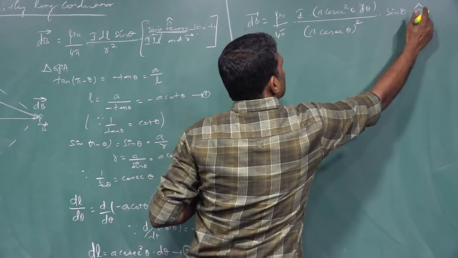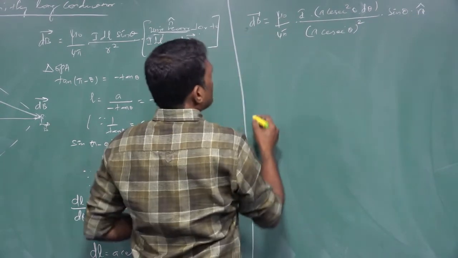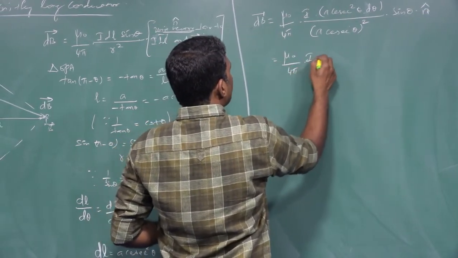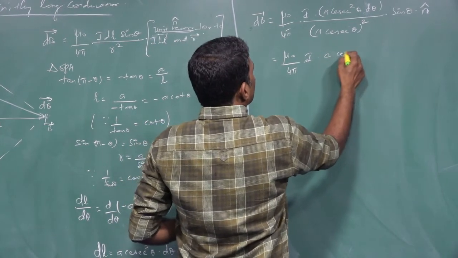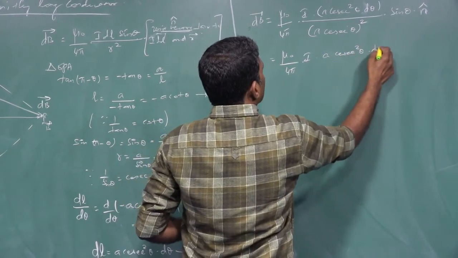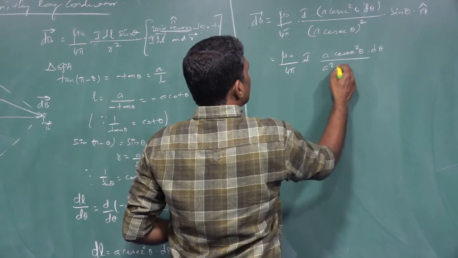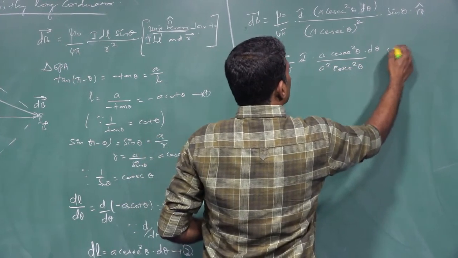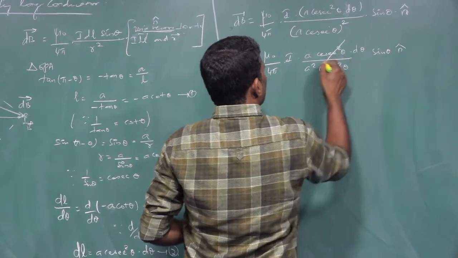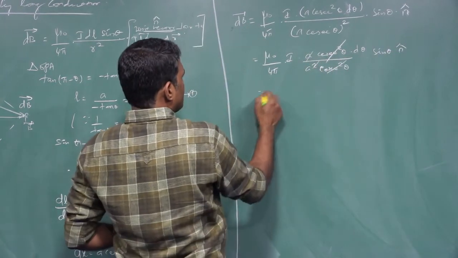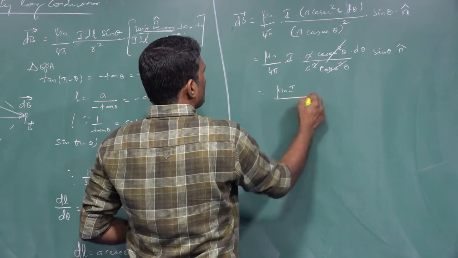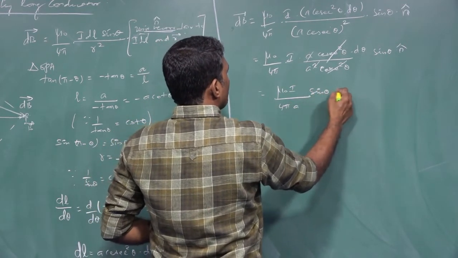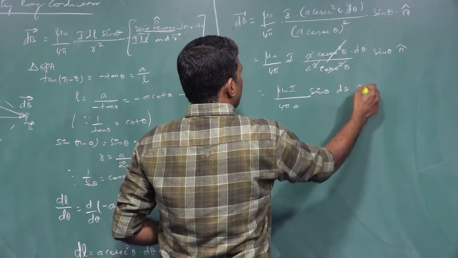So I can write mu naught divided by 4 pi, I A cosecant square theta d theta divided by A square cosecant square theta, into sin theta into n cap. Cosecant square goes off, A cancels out. I will have mu naught I divided by 4 pi A into sin theta d theta n cap.